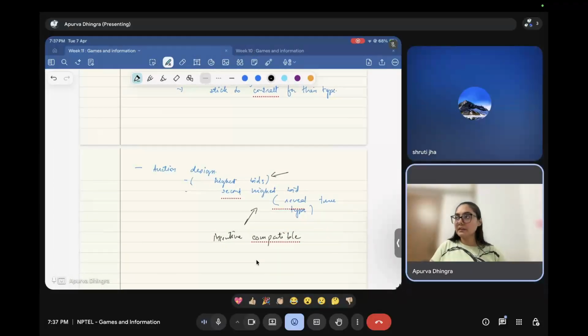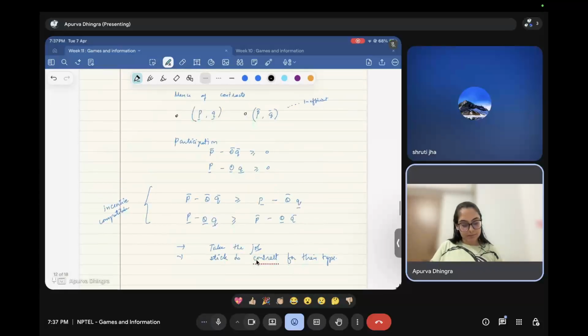Incentive compatible is basically saying that the game is designed in such a way, or the principal has designed the scenario in such a way, that the agents, now there is not one agent but multiple, reveal their types and they get what they truly deserve.